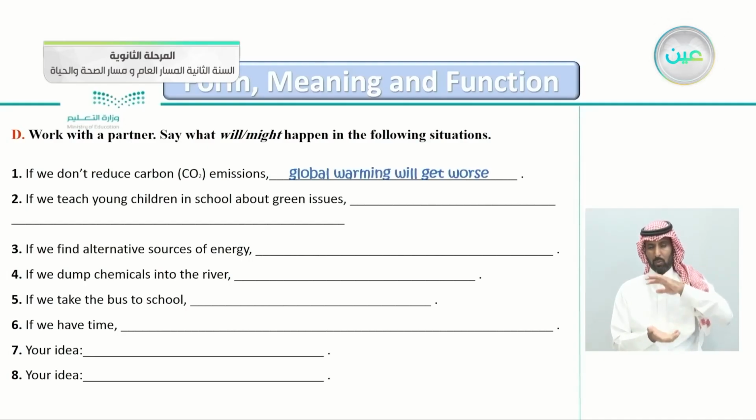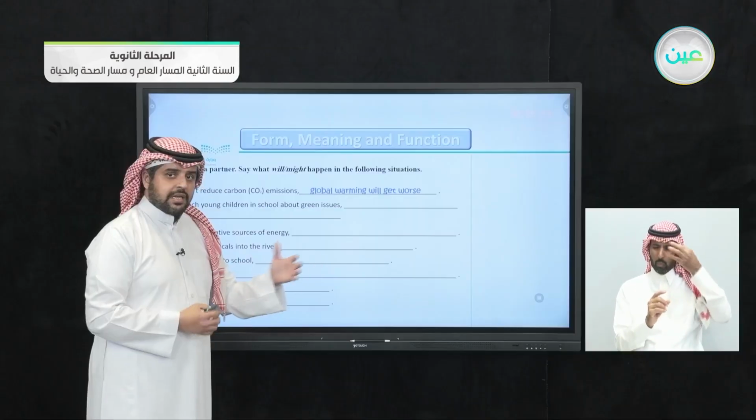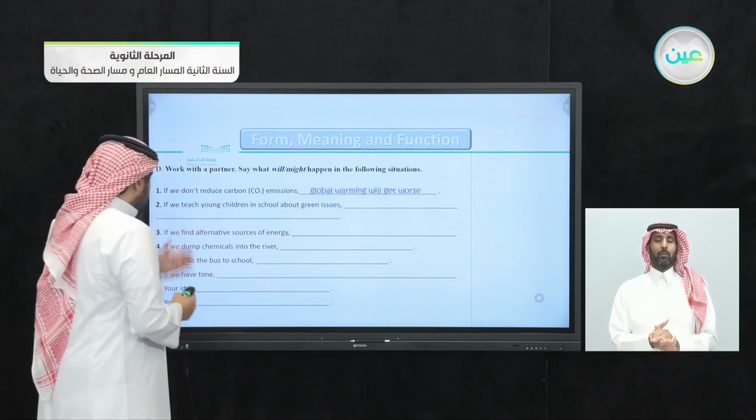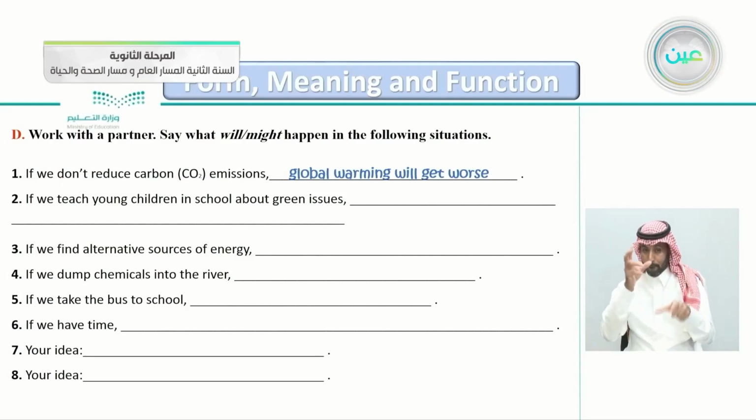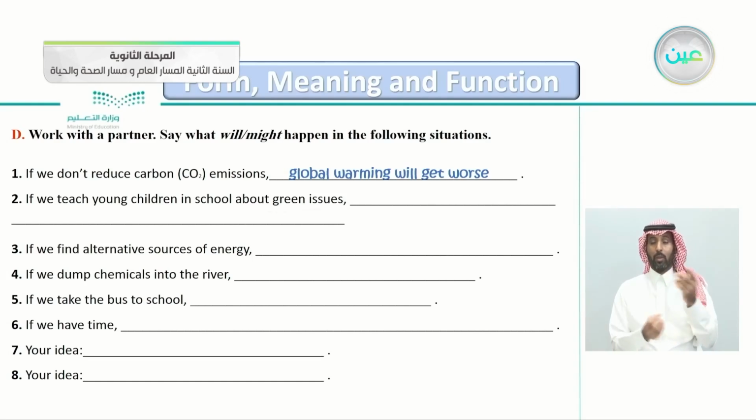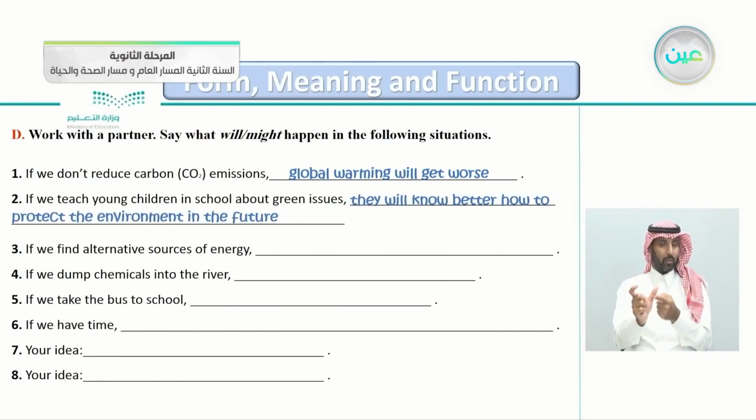Global warming will get worse. Of course, you can answer it as you wish. Number 2, if we teach young children in school about going green, what will happen? They will know better how to protect the environment in the future.